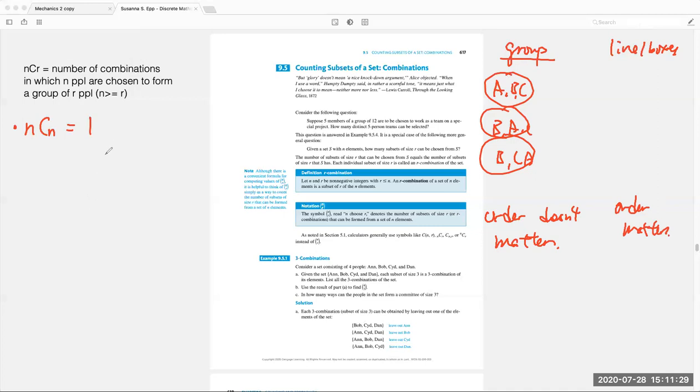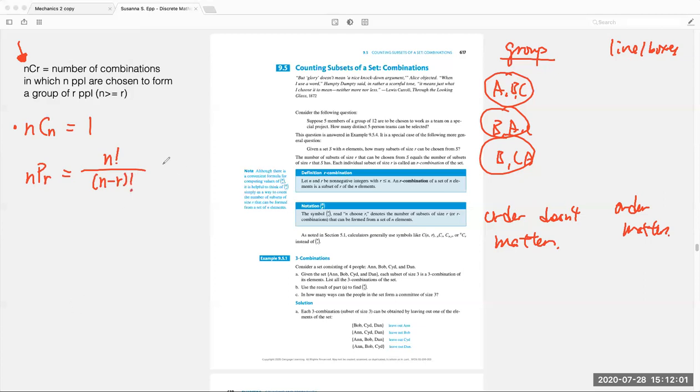So let's try to derive the value of NCR. How can we derive the NCR? We can start from the NPR. We know that the definition of NPR is n factorial divided by n minus r factorial.